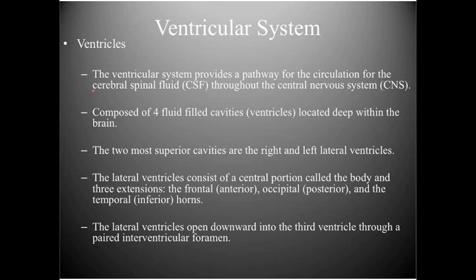So the CSF, or cerebrospinal fluid, is very important, and maintaining it is very important as well. And so in order to do this and provide a pathway, we have to have ventricles. Much like the heart has ventricles for pumping, the brain has ventricles which allow passageways for the cerebrospinal fluid. The brain is composed of 4 fluid-filled cavities which are called ventricles, located deep within the brain. The 2 most superior cavities are the right and left lateral ventricles.